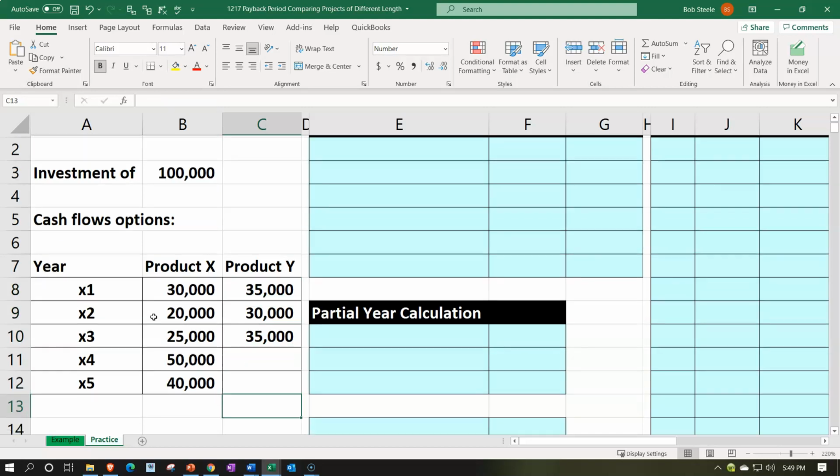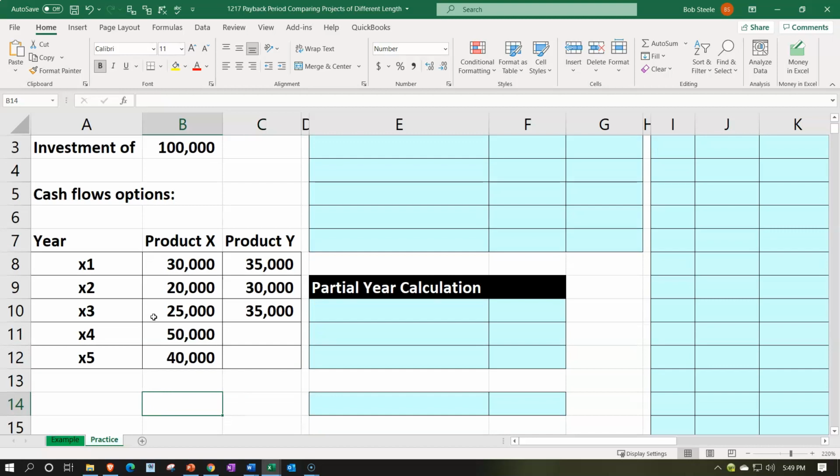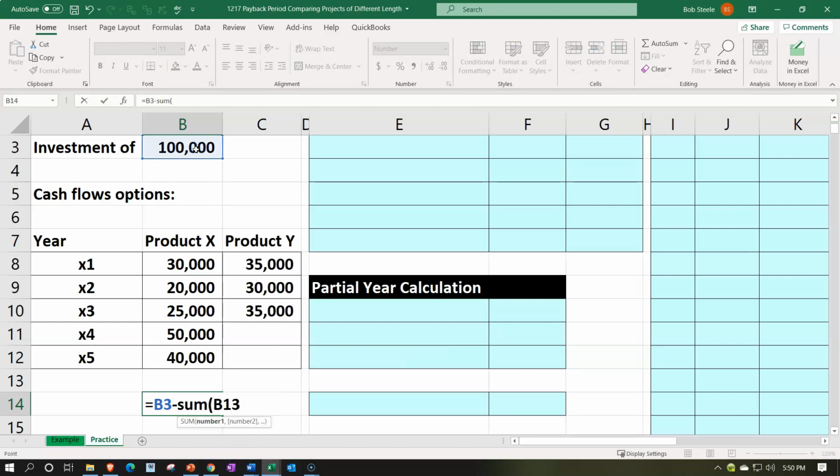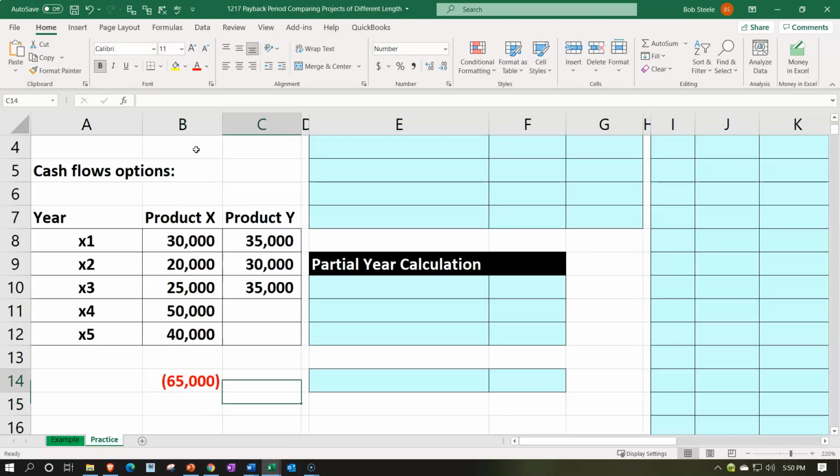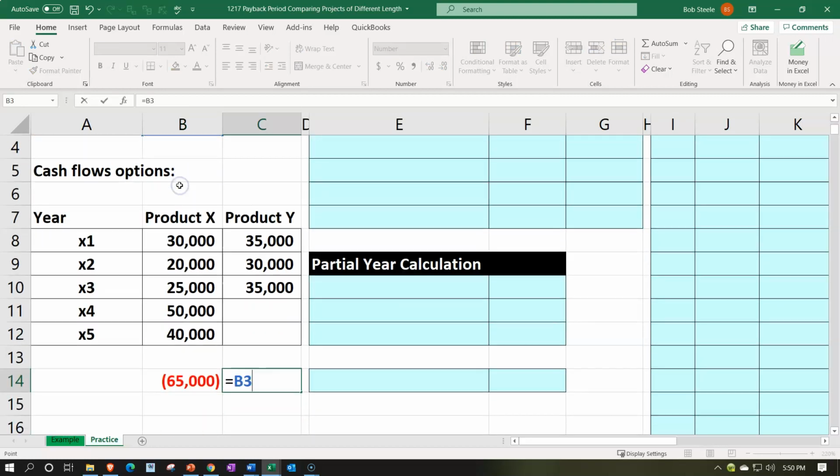Now we could just calculate the net revenue we expect to receive, which would be equal to the 100,000 minus, if we take project X, the sum of these items, and I'm going to say that's 65,000, versus we're going to take the 100,000 minus the sum of project Y. Let's do that one more time.